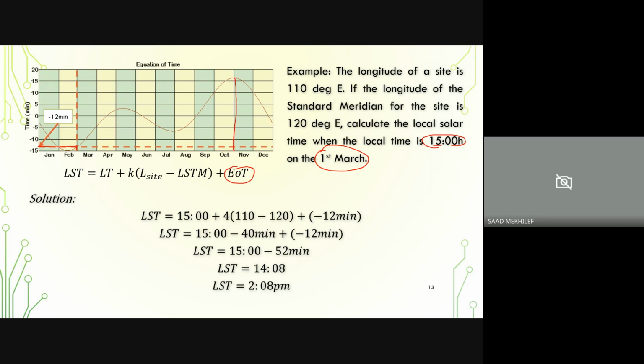And there is a formula for how to do it. The value is around maybe 16 or 17. All right. So actually, the local solar time is 14:08 or 2:08 p.m. So it's not 3 p.m., but it is 2:08 p.m. So this is how we calculate the local solar time.